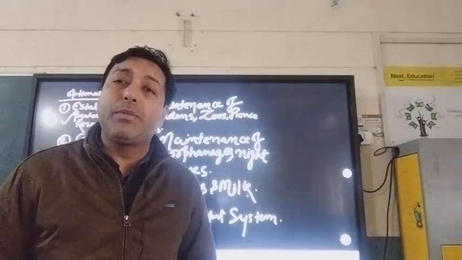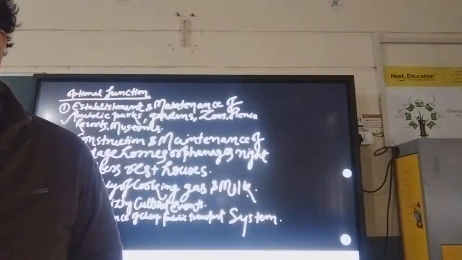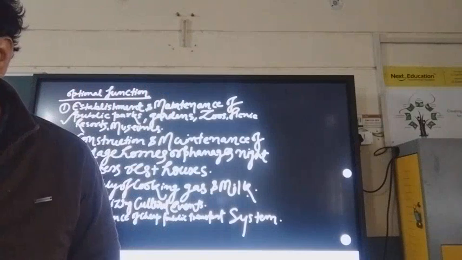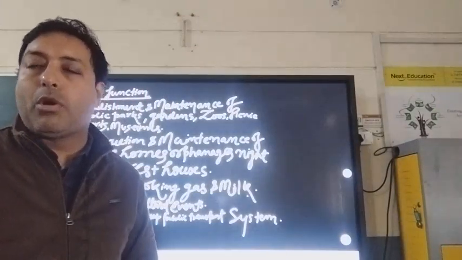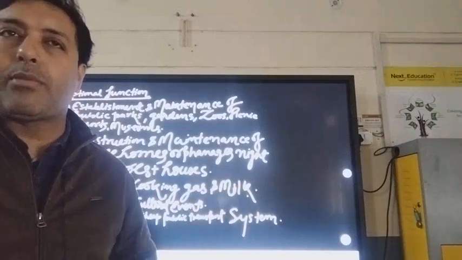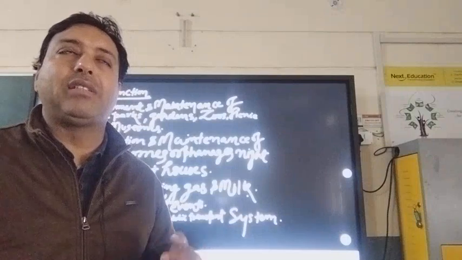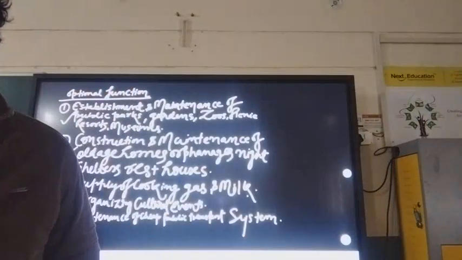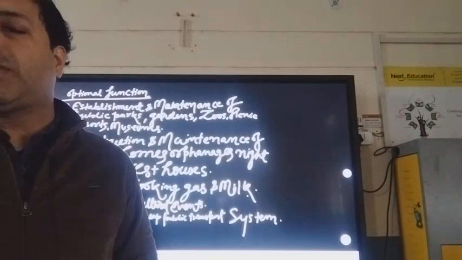Who is represented on Zila Parishad? Deputy commissioner. Next, therefore he also influences the policies and programs of the panchayats. Policies, it means a list of policies he has taken, he will provide to the villages.